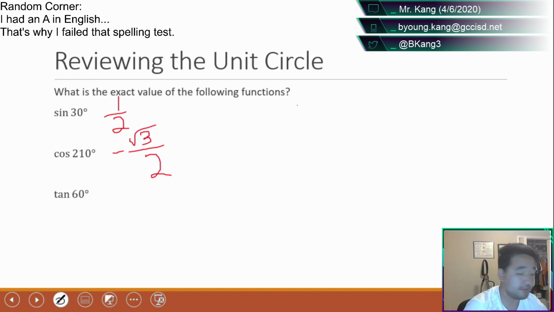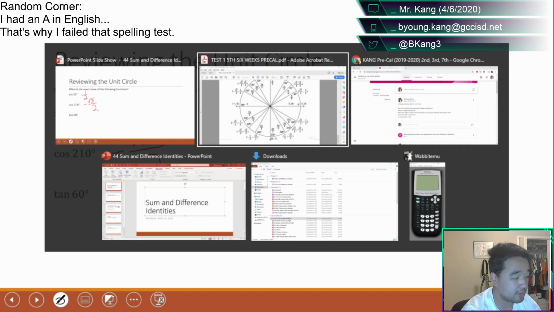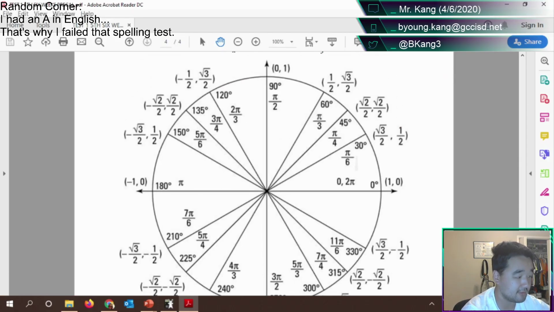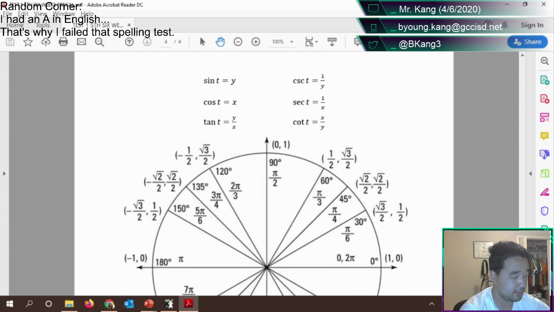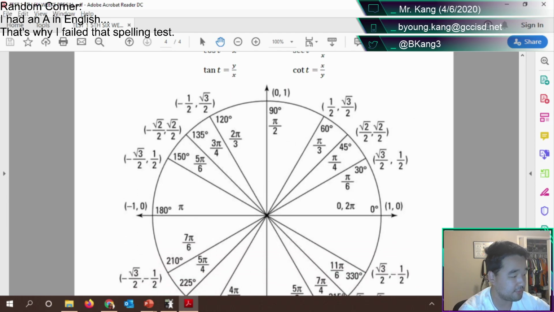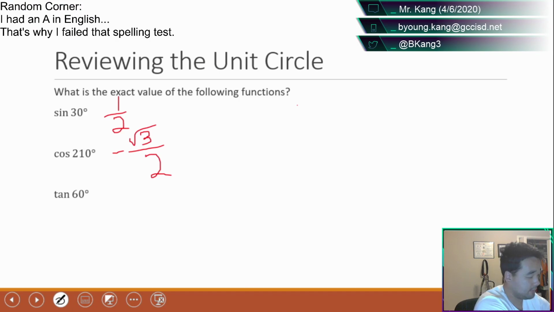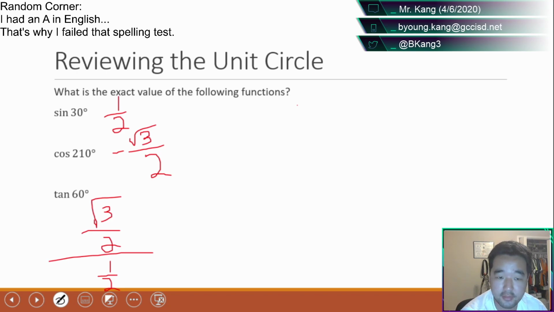And then tangent of 60 degrees. And tangent requires a little bit of work because once you get to 60, then you want to do y divided by x, just like your formula chart back here said, right? Right there. So tangent of 60 degrees is y divided by x, so square root of 3/2 divided by 1/2. And just like always, tangent is the most annoying one because you always deal with fractions inside of fractions here.